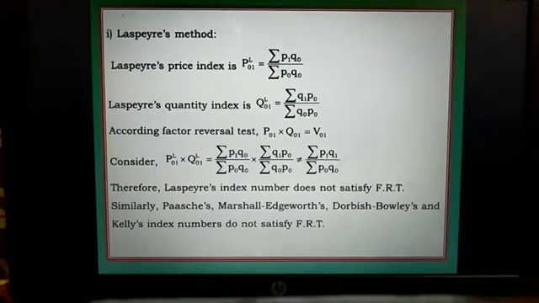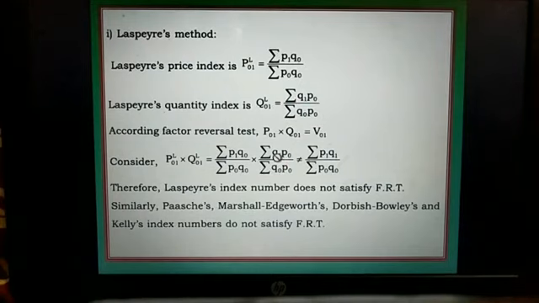According to that, substitute the obtained formulae. First P01 is substituted here, multiplied by the quantity index number, which here we have written based on Laspeyres' method; that also is to be written.